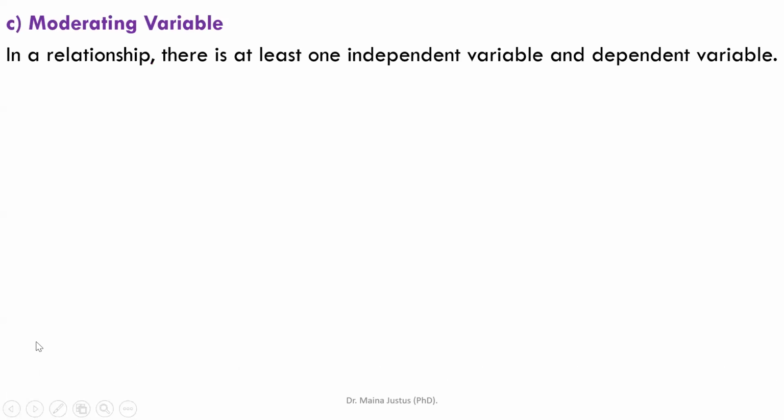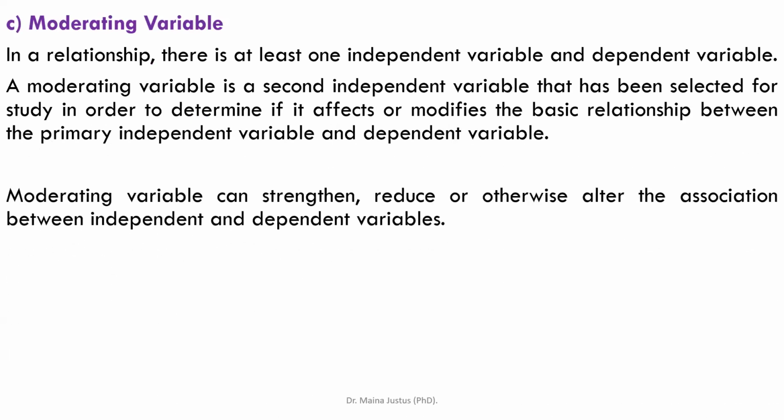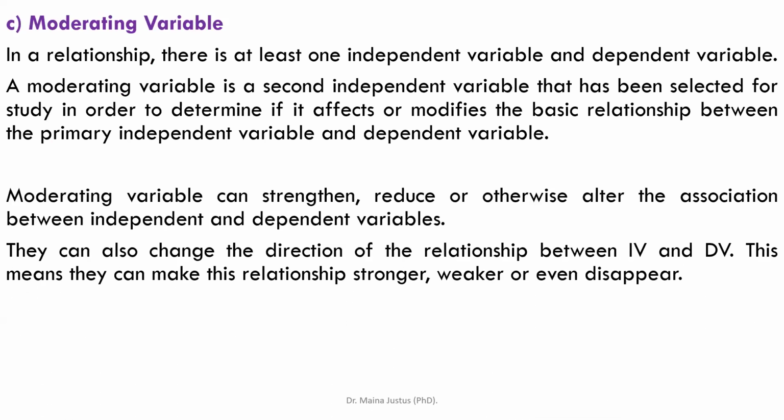So in any relationship, we have seen that there's an independent variable and a dependent variable. A moderating variable is usually a second independent variable, but it alters the strength or direction of the relationship between the independent variable and the dependent variable.